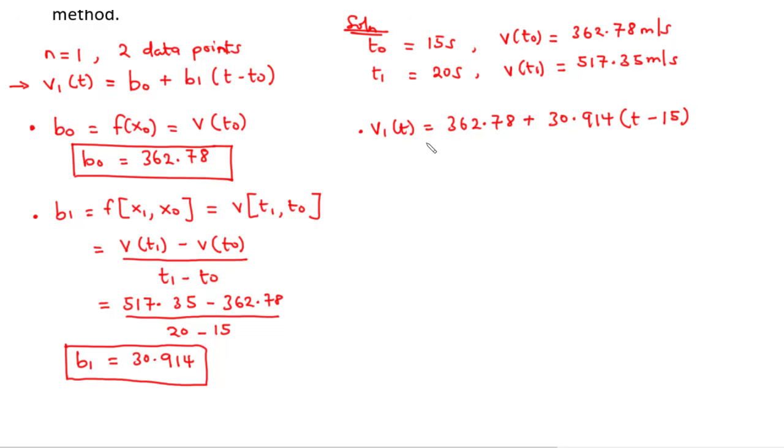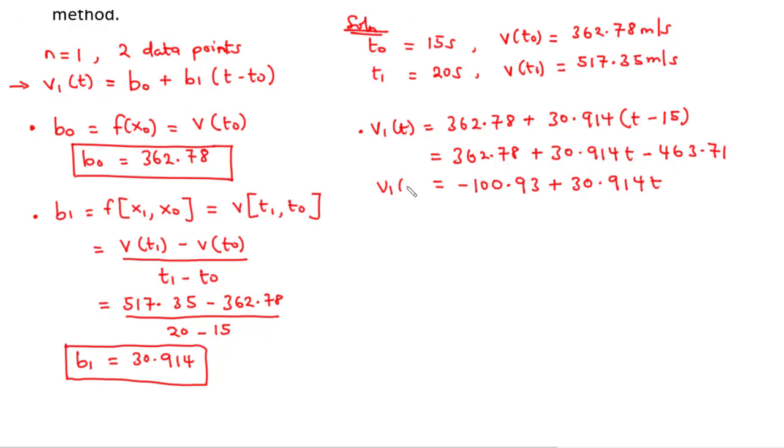Next we can expand this: 362.78 plus 30.914 t, and then you multiply 30.914 times 15, which gives 463.71. Combining like terms, you have negative 100.93 plus 30.914 t.